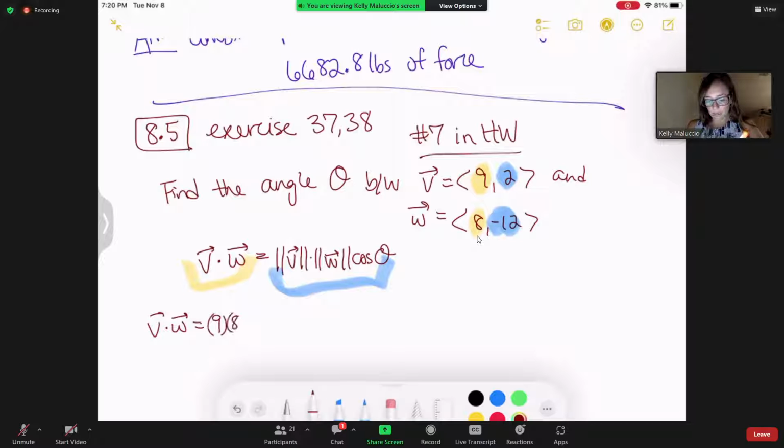So it's 9 times 8 plus 2 times negative 12. That's 72 minus 24, so this is 48. That's our dot product.